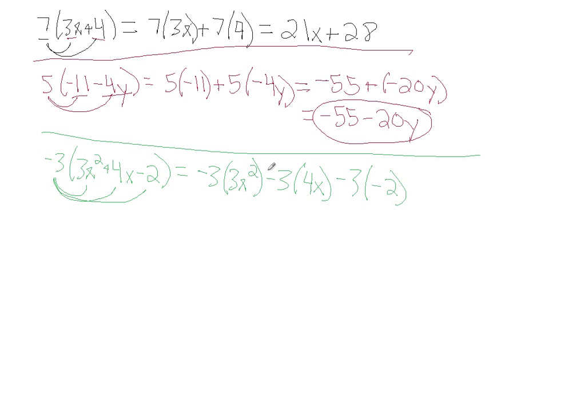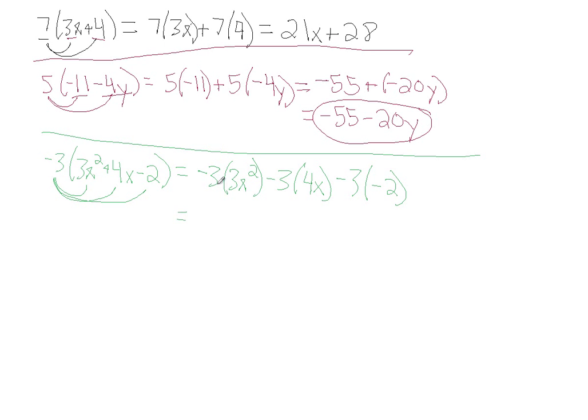Later on we can eventually skip this step and go straight to the multiplication. But I want to really make sure you understand that when we say we're distributing this minus 3, we're multiplying each term inside the parentheses. So it's actually a string of terms multiplied by the same number. Okay, if that makes sense.